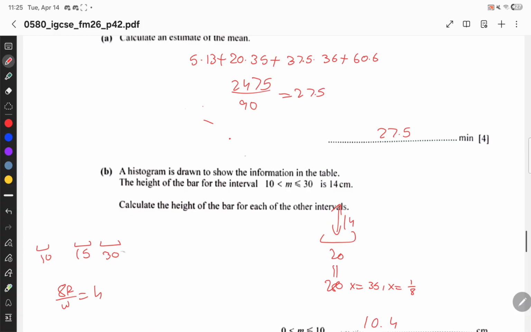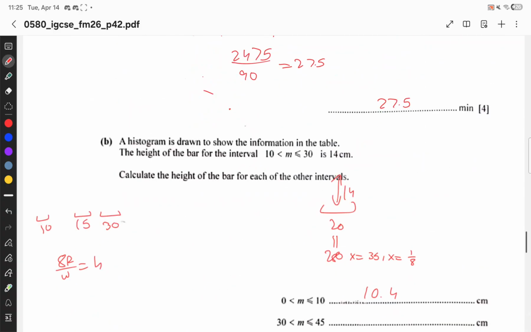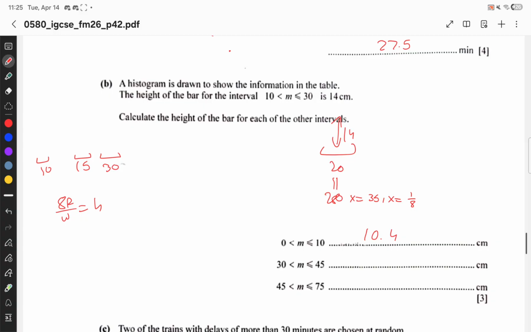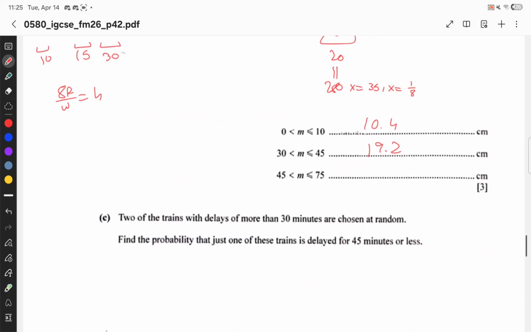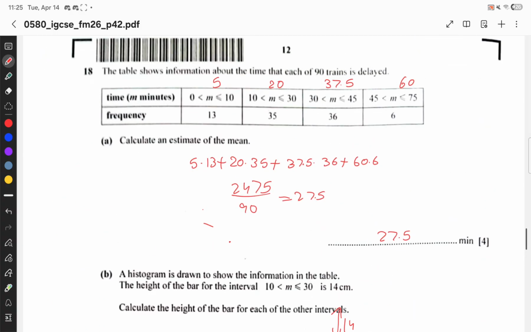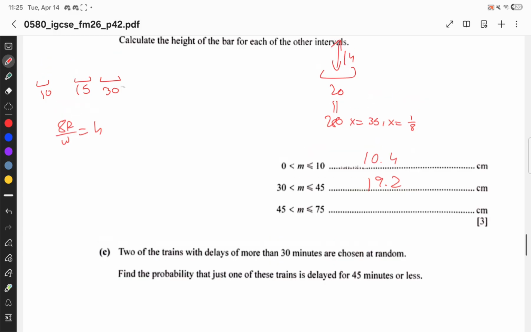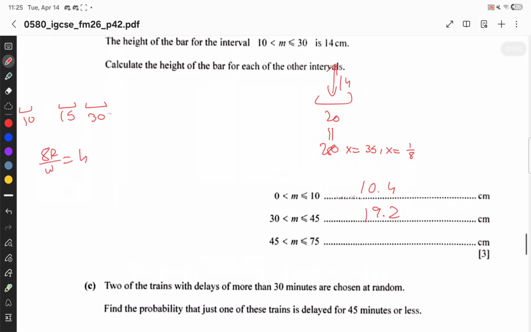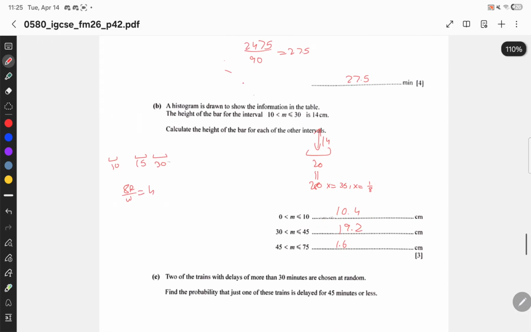Then we have 8 times 36 divided by 15, which is 19.2. Next we have 8 times 6 divided by 30, which is 1.6. That is the answer.